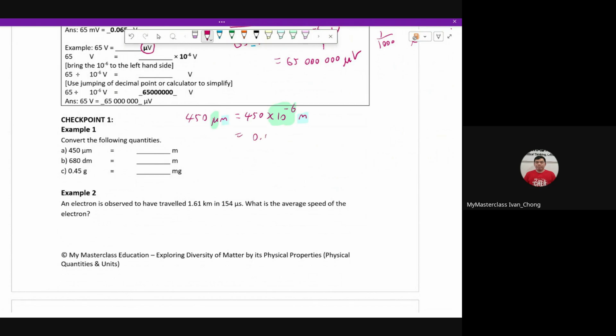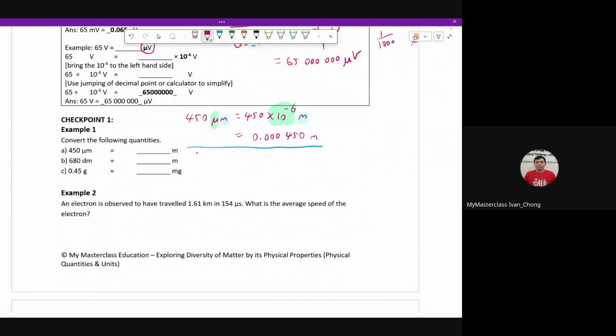So 0.00045. Let's double check using the calculator. Even though you do end up with a fraction, we don't write fractions for science. For science, we try our best to write the decimal place.